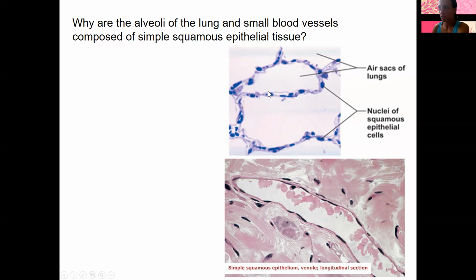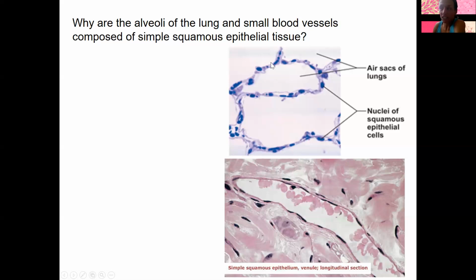It's kind of hard to see where the separate cells are, but there's separate cells here, around here, very, very thin cells. So this would be the basement membrane right here. This is the apical surface right here. Basement membrane, apical surface. Sometimes you can't see the connective tissue very much, especially with the alveoli.